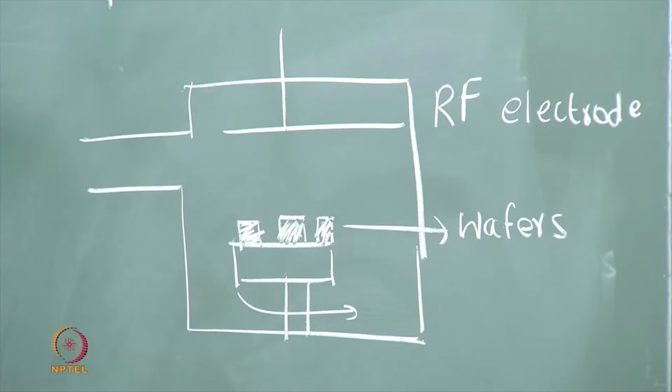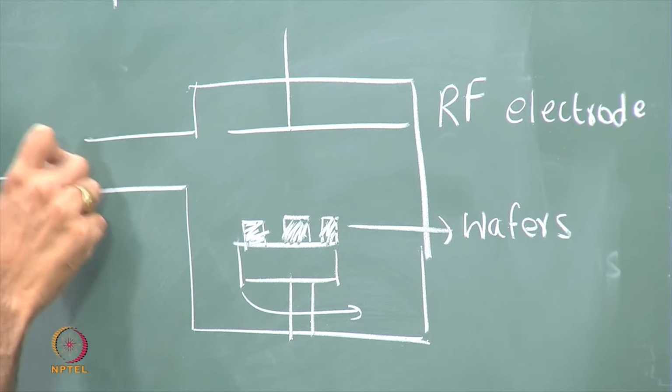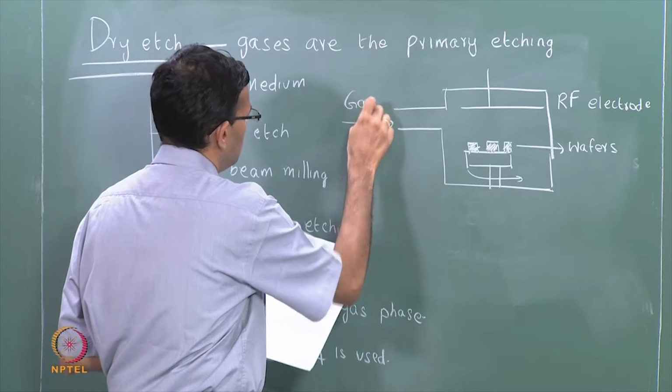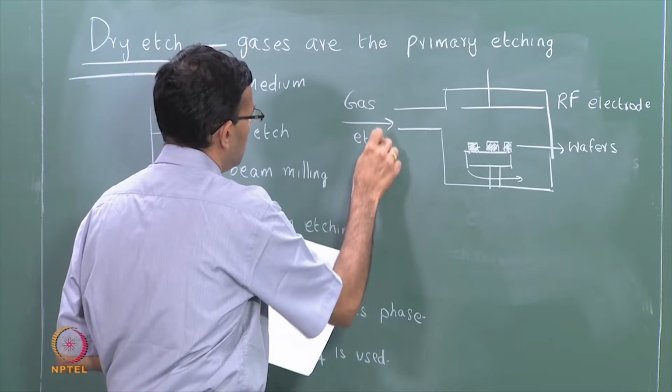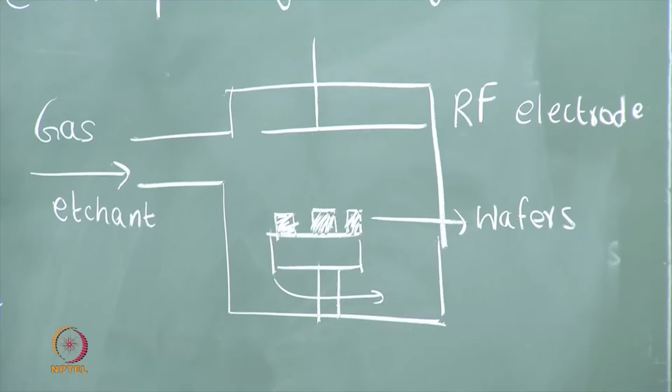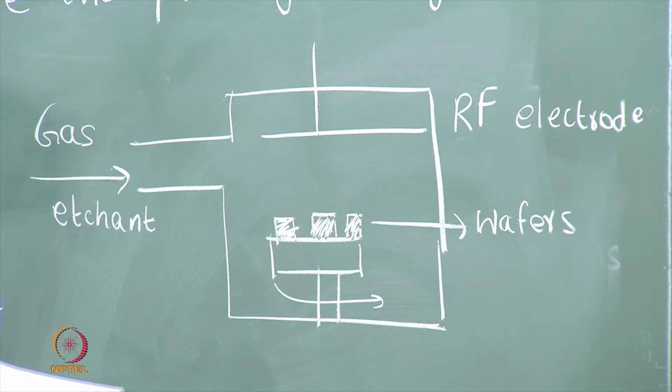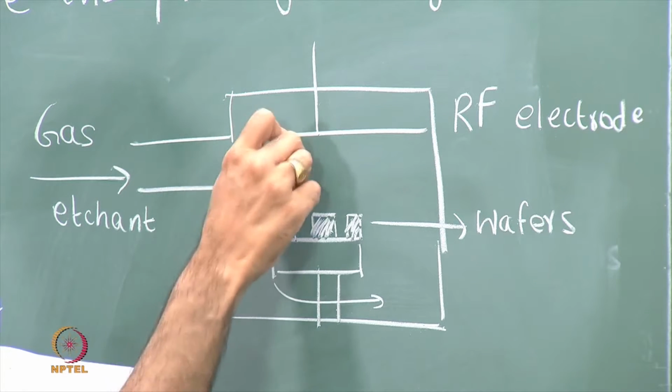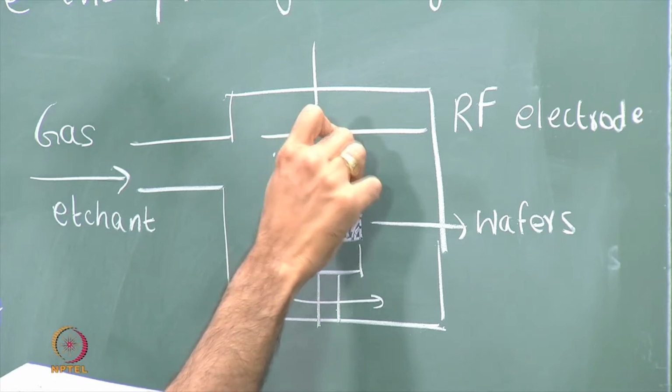The etchant gas is then introduced into the chamber. Some sort of carrier gas is also used. So this reacts with the electrode and basically a plasma is generated.